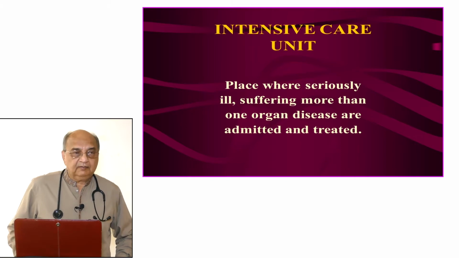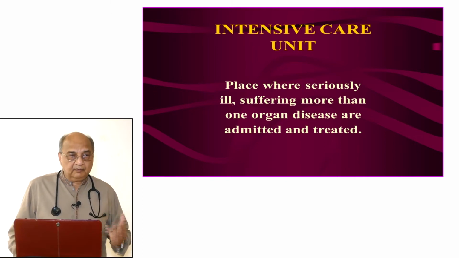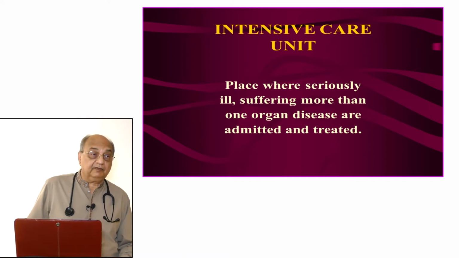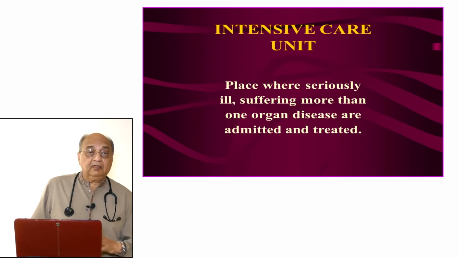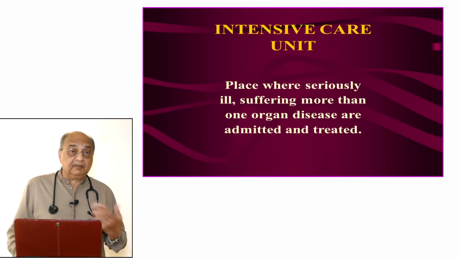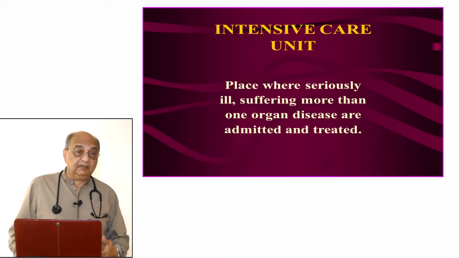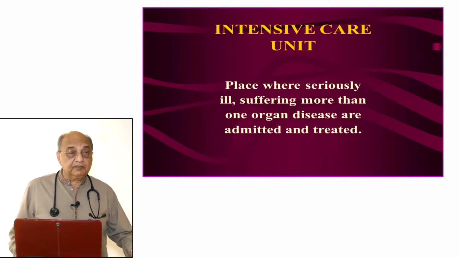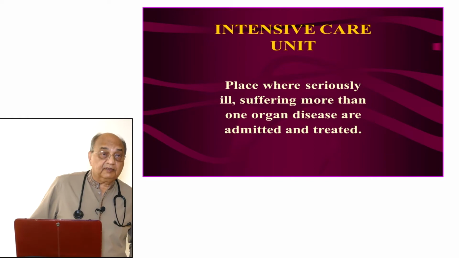Then level 3, when more than one organ system needs to be supported or managed, that's called level 3 patient, and they are ICU patients. Then level 4. Level 4 is specialized intensive care units like neurosurgical intensive care, cardiothoracic intensive care unit, and burn units. So they are called level 4 ICU.